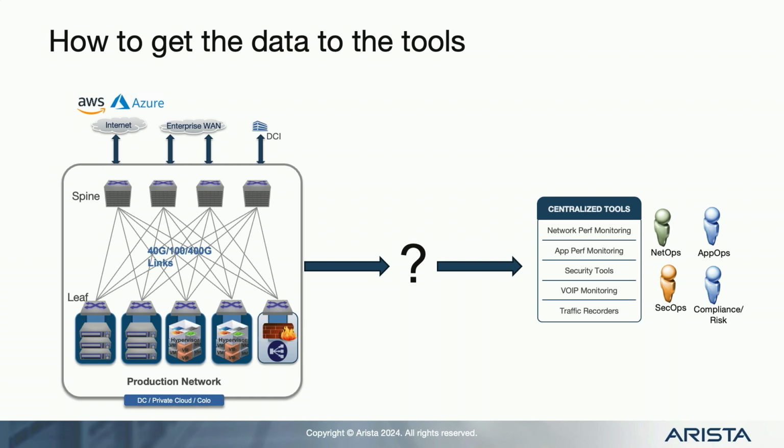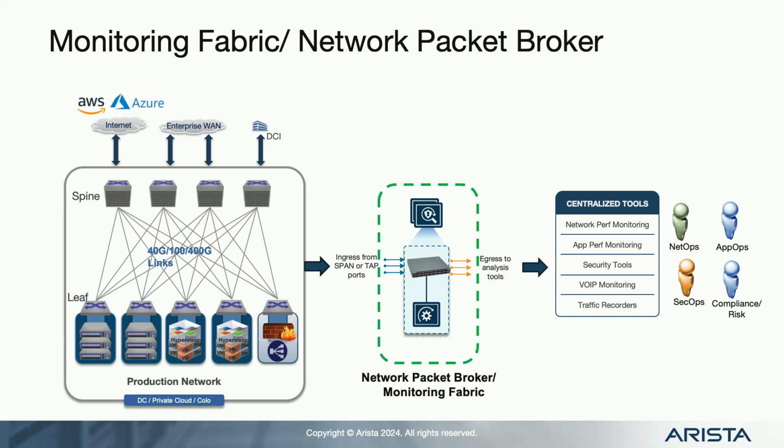So what we use is a network packet broker or a network packet broker fabric, which, well, actually, the easy part is to connect the switches to the ingress of the network packet broker, and on egress we connect the tools and send the packets through. But network packet brokers add additional functionality.